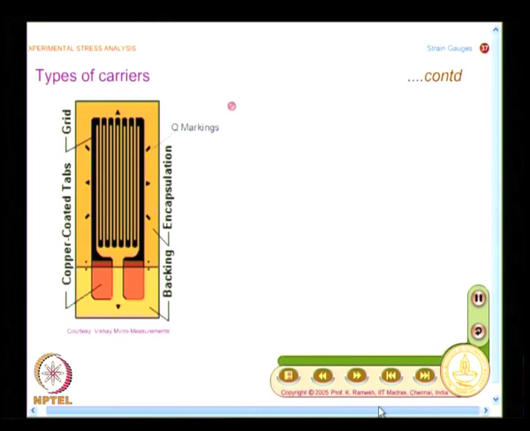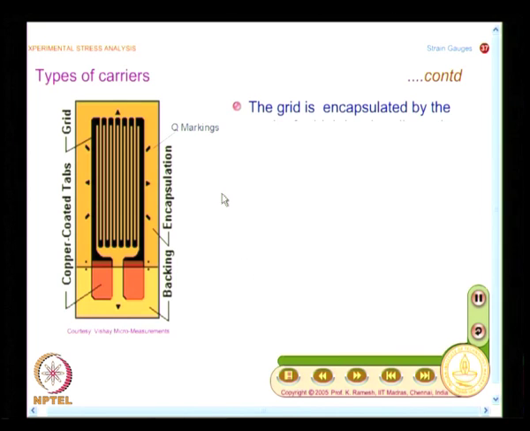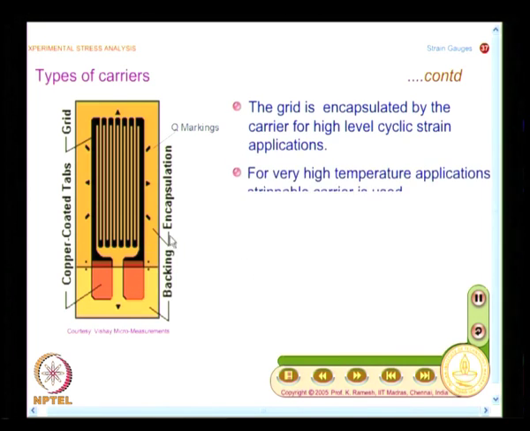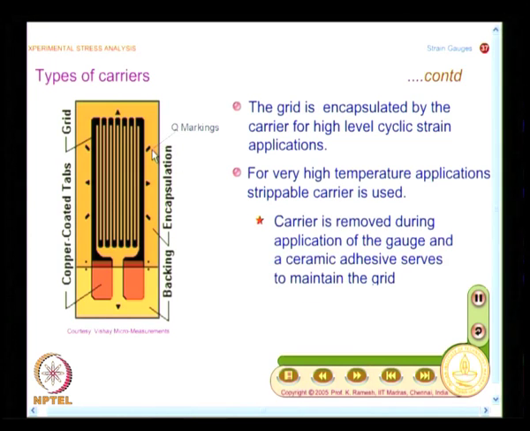And in the earlier class we also noted, when we looked at the strain gauge, it had an encapsulation. And why do you do this encapsulation? The grid is encapsulated by the carrier for high level cyclic strain applications. So, it provides more firmness to the metal foil.